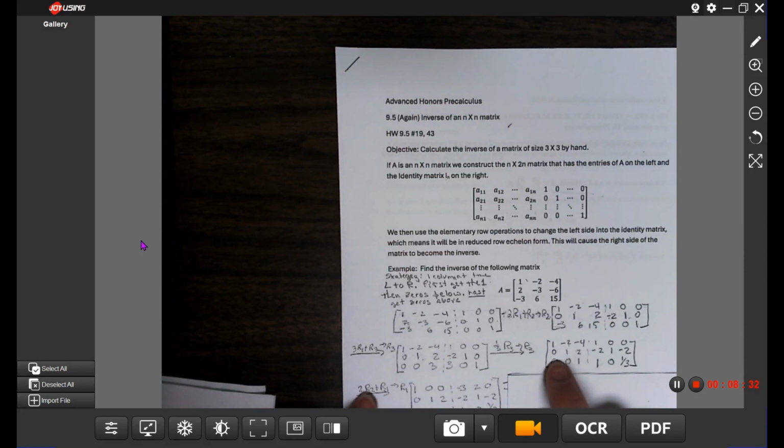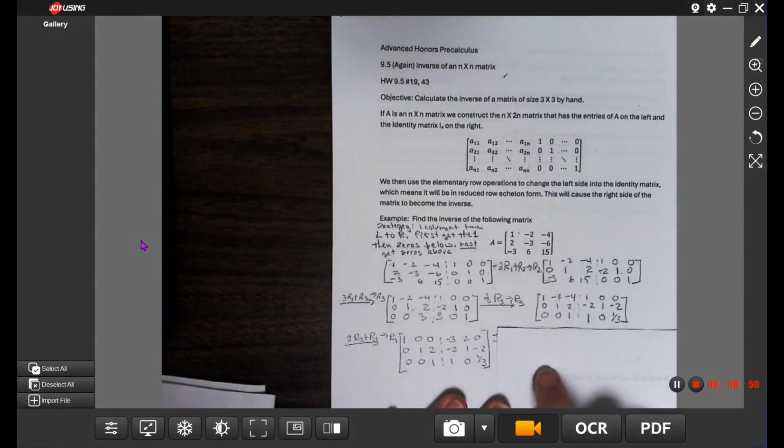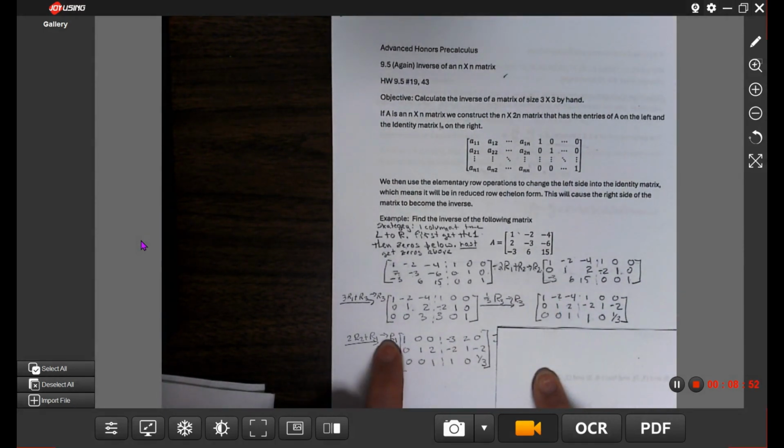So 2 times 0 plus row 1, 1 gives me 1, and I put it into row 1. Good, it didn't change that. Okay, so I do this operation all the way across the row, and I get a 0 here, negative 3, 2, and 0. And these two rows didn't change. I only changed row 1.